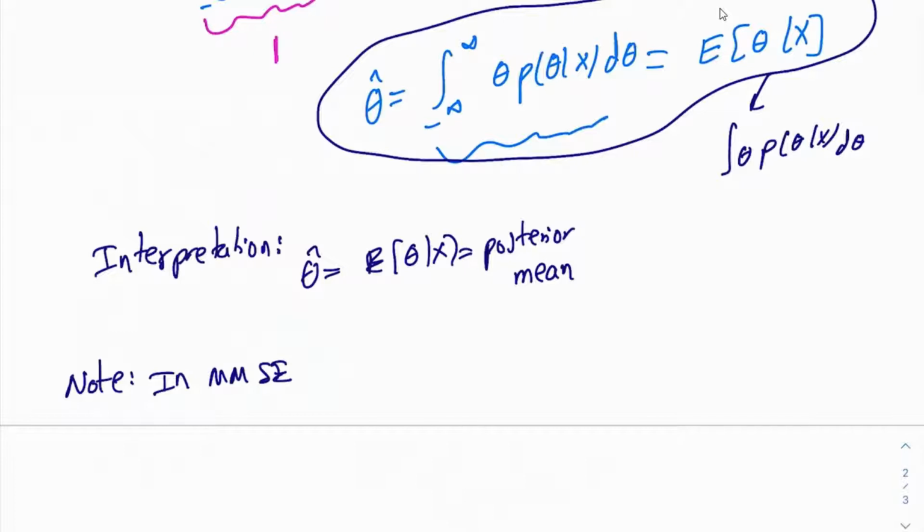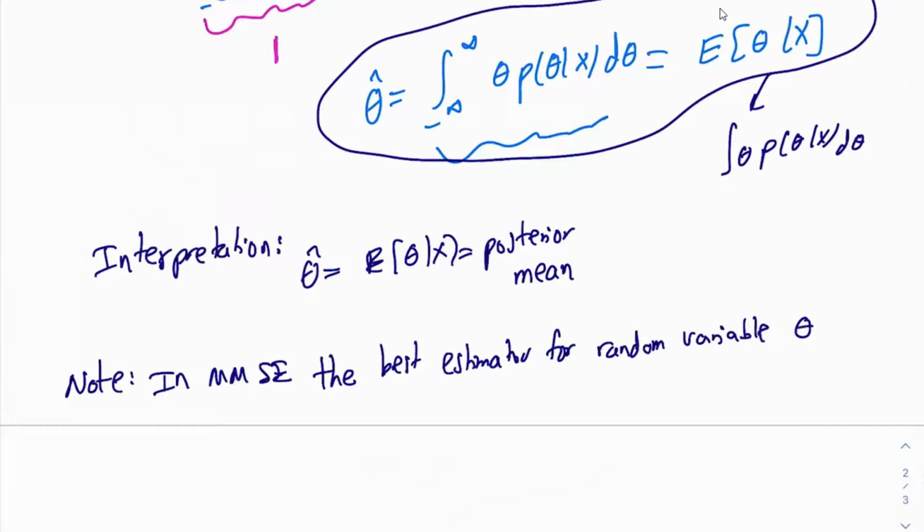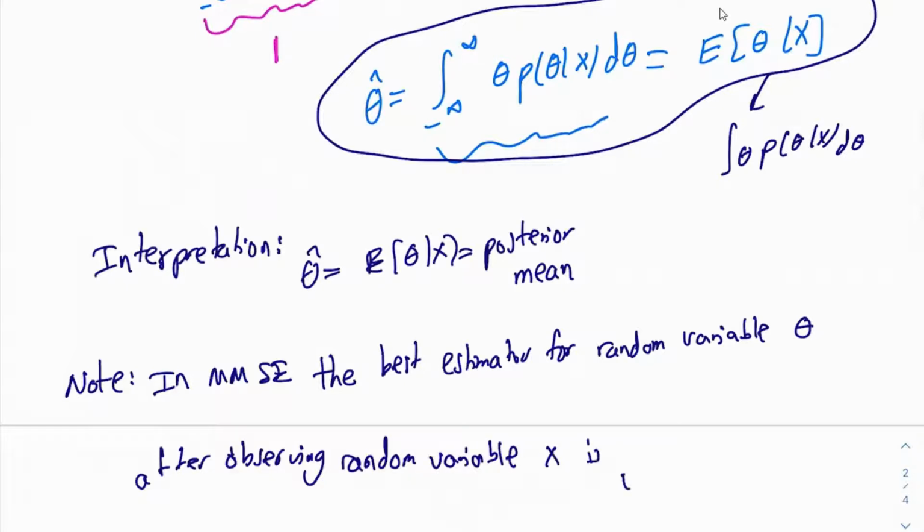In MMSE, the best estimator for random variable theta after observing random variable x is, what was that? The expected value of theta given x. Isn't that the same? They are the same.